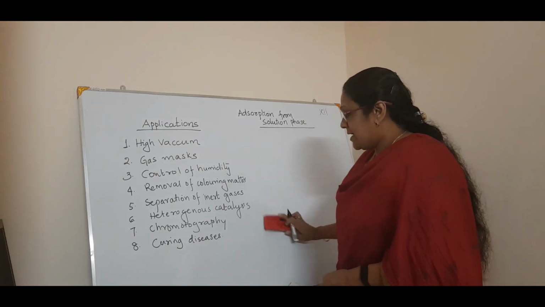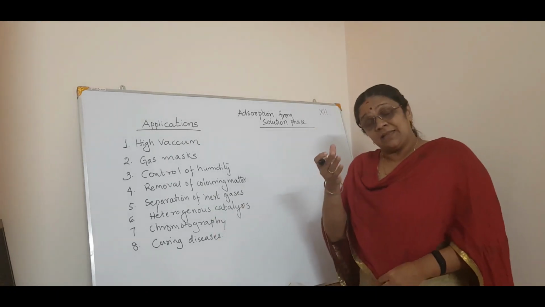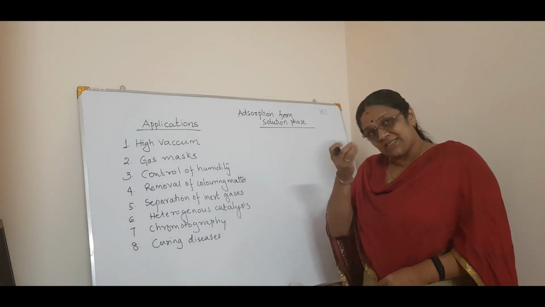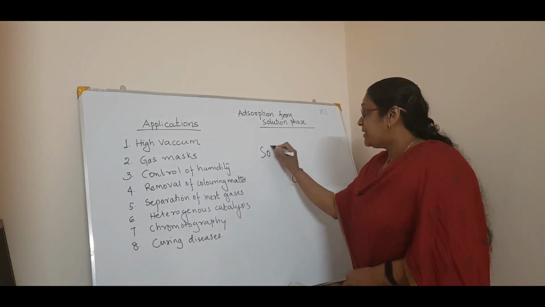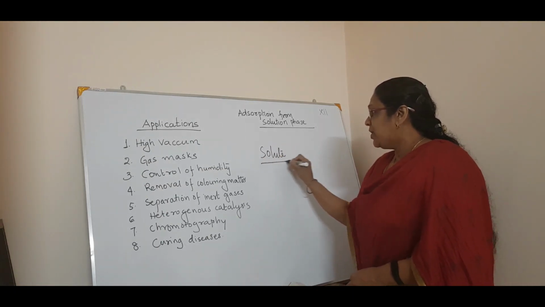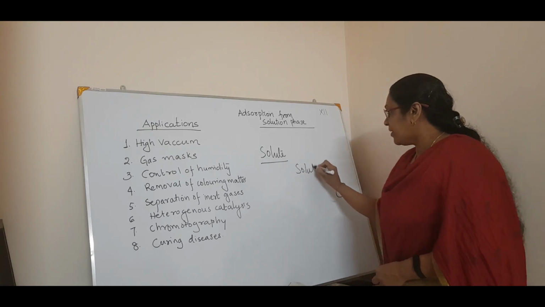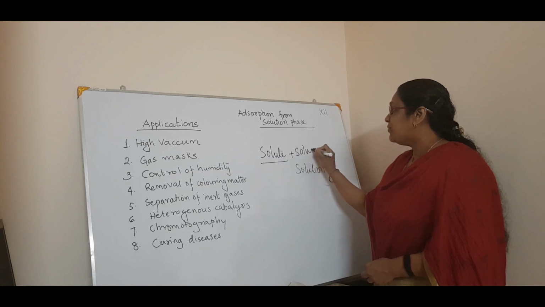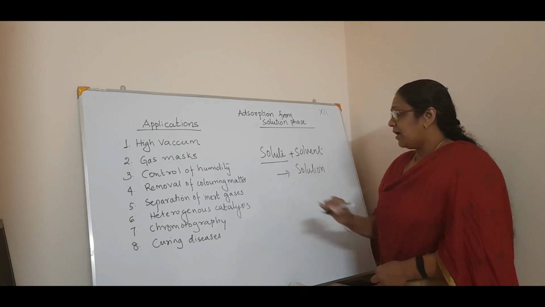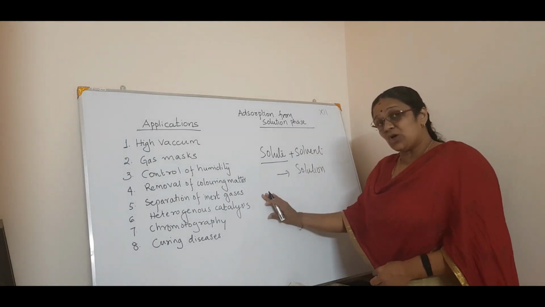That means the adsorbate is getting adsorbed on the adsorbent. And what is the adsorbate? The adsorbate is the solute. In a solution, solute plus solvent will give you the solution. Now what happens in this adsorption?